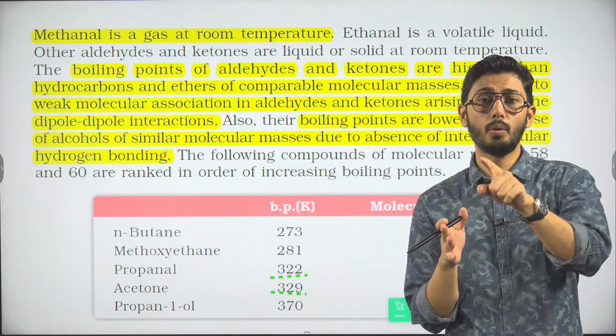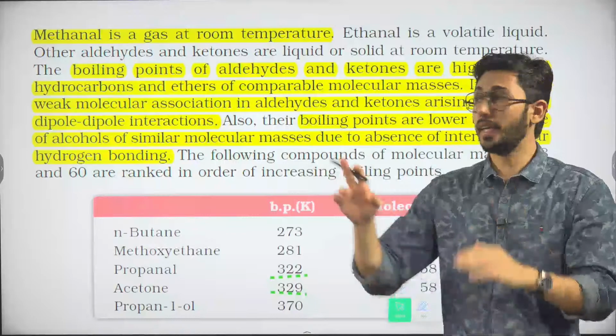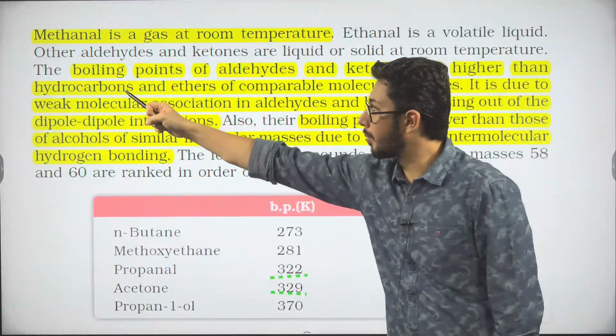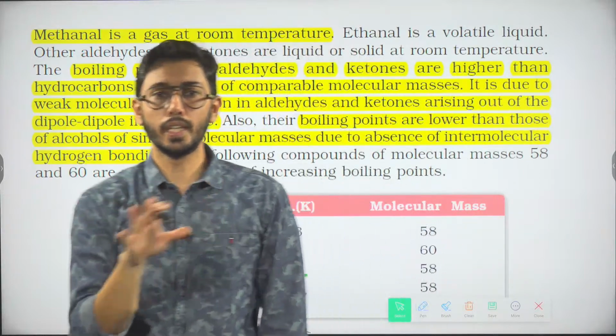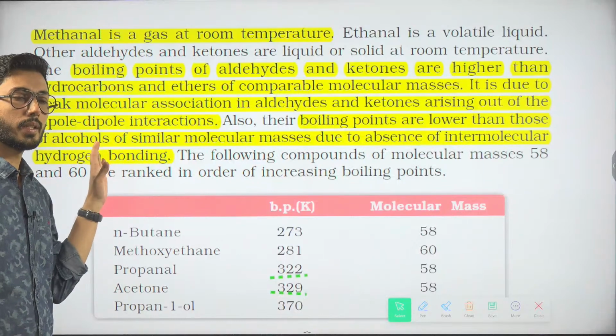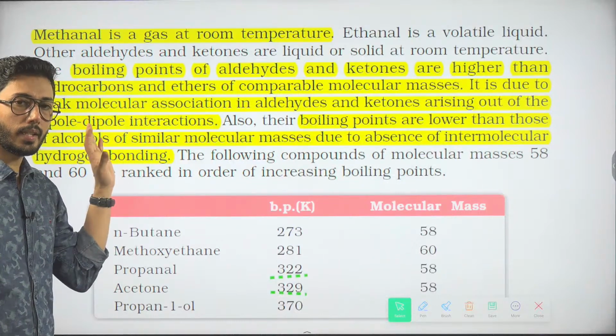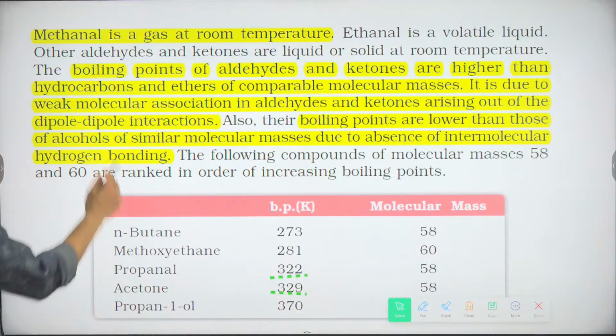That is why their boiling point is less than alcohol. But it is sufficiently strong that they have higher boiling points than hydrocarbons and ethers. That association is considered weak in nature, which is why their boiling point is lower compared to alcohols and carboxylic acids. Why is there this weak association?